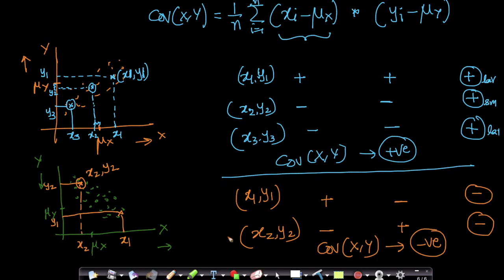So what we understood from here is if x increases, y also increases, then the covariance between x and y is going to be positive. On the other hand, if the relationship between x and y is such that as x increases, y reduces, its covariance is going to be negative, right? But covariance can be very negative or very positive.